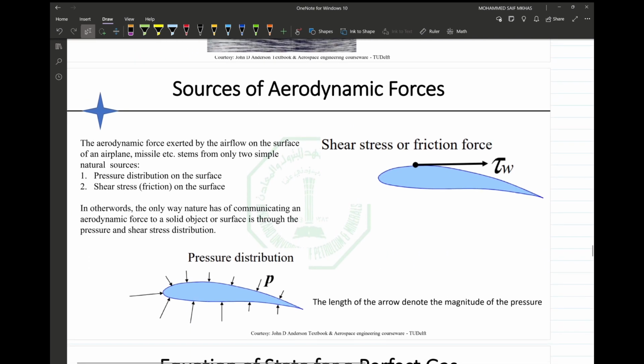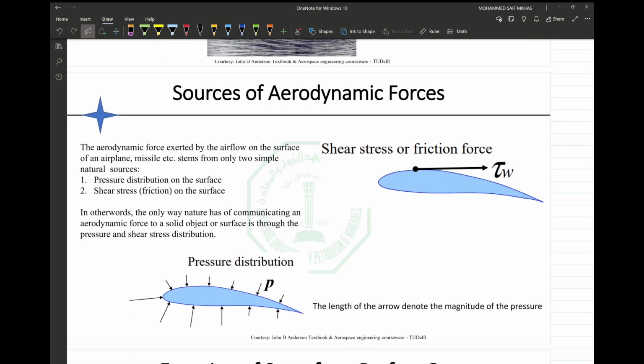So there are two main sources of aerodynamic forces that act on the airfoil itself, but they will be broken down in the next upcoming chapters, I believe chapter 5 or 6. But here are the two main factors. It is pressure distribution because of the air itself on the airfoil, and there is the shear stress. What is a shear stress?